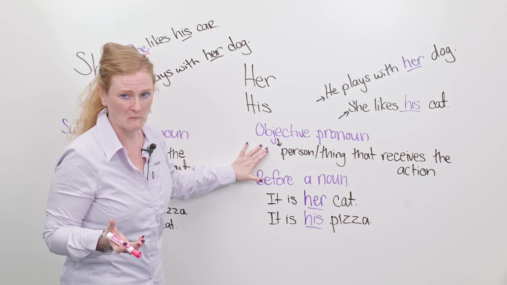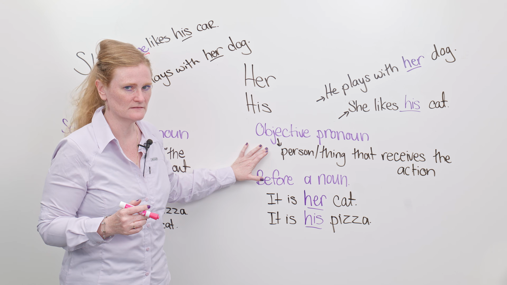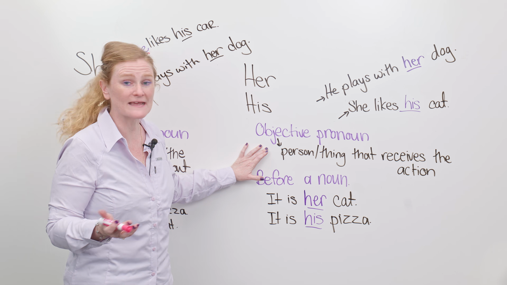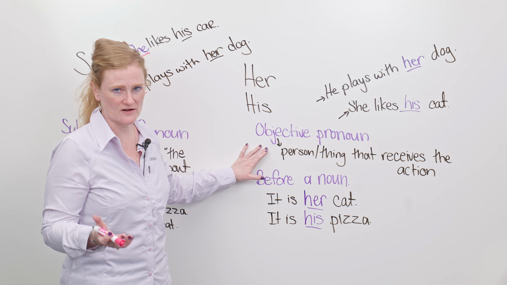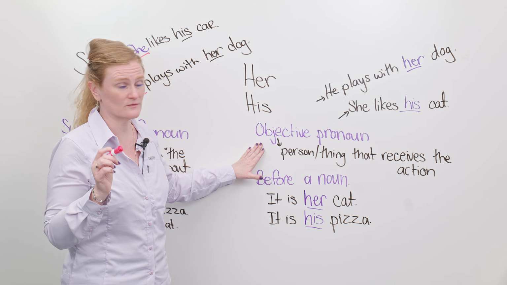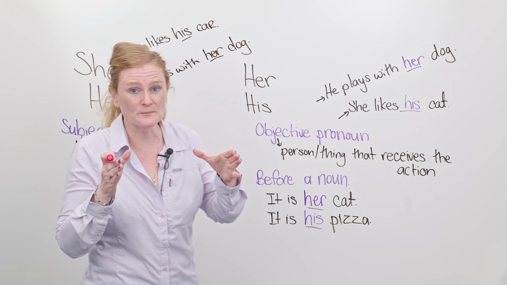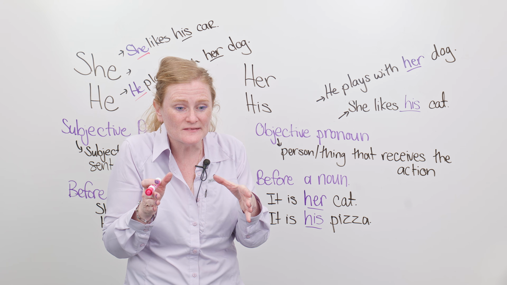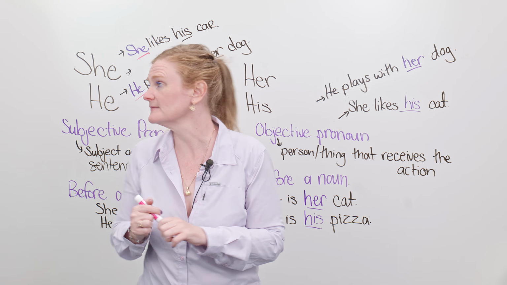It could be an it, because sometimes we don't know if it's a boy or a girl, like a cat, right? Or a human sometimes, that receives the action. So this objective pronoun, his or her, usually will not be at the beginning of the sentence because the subject goes there.